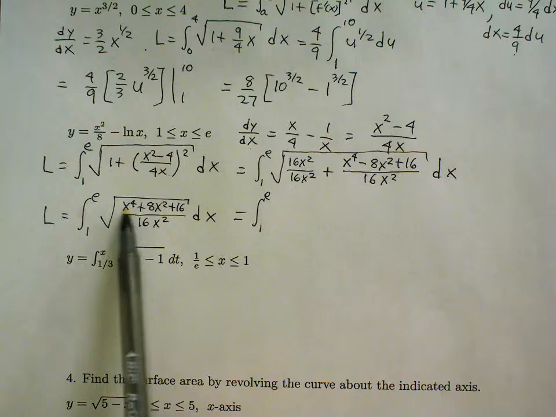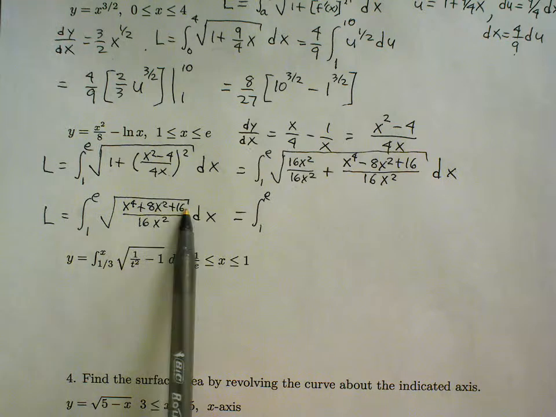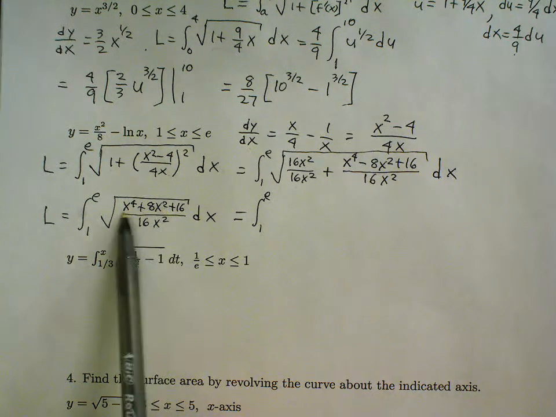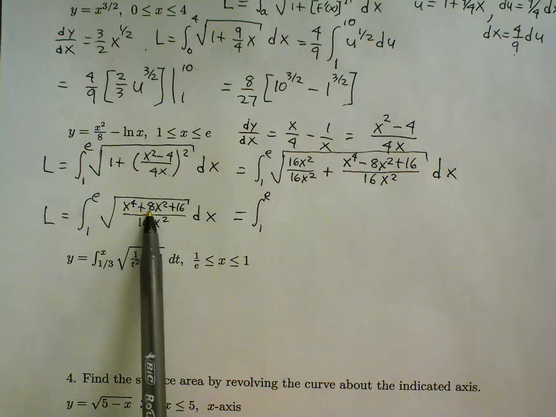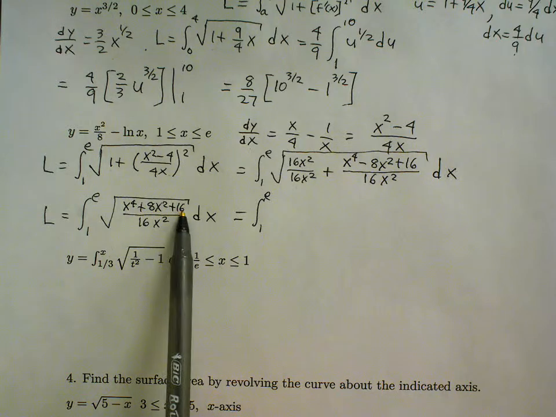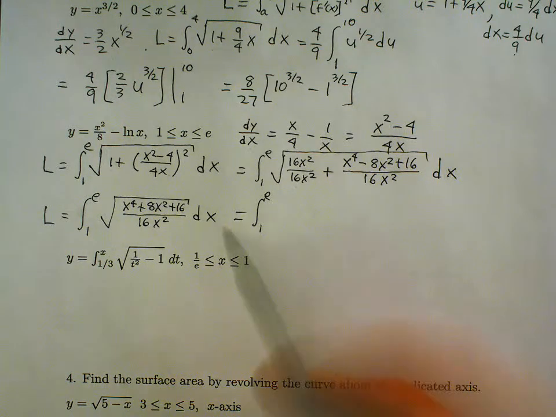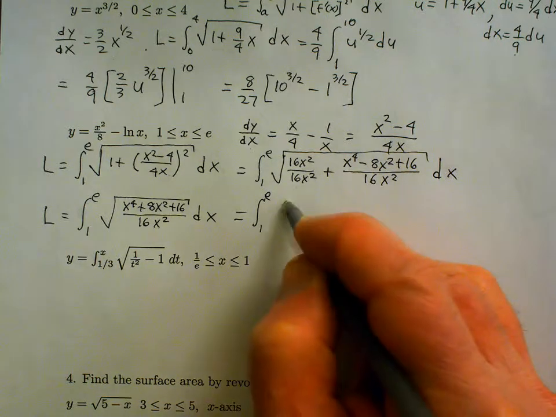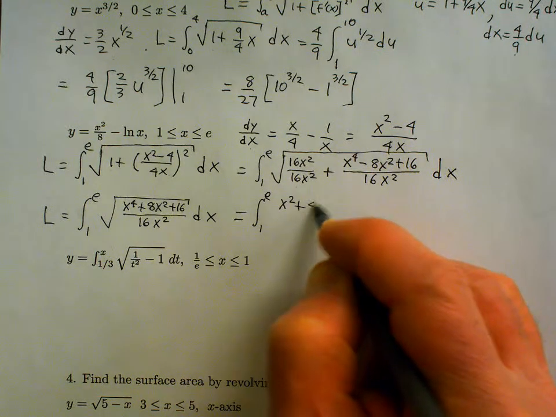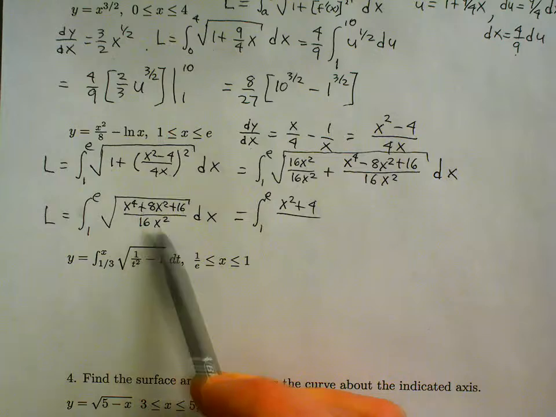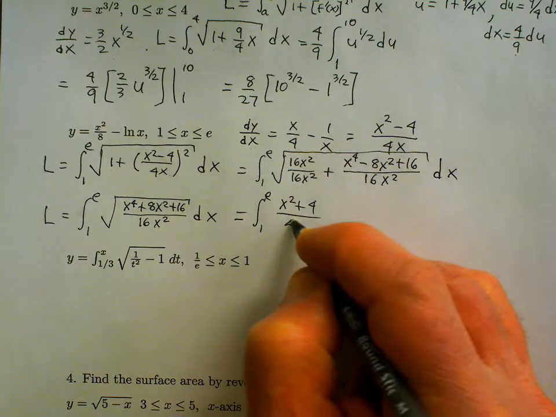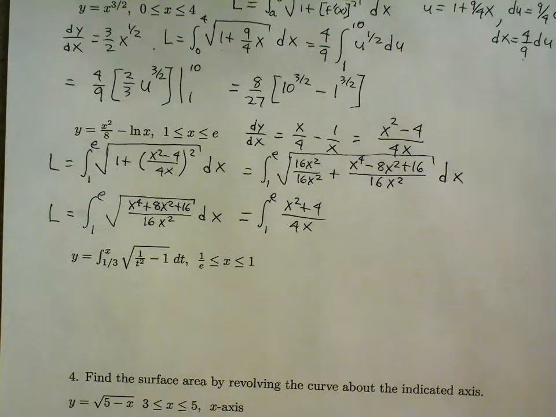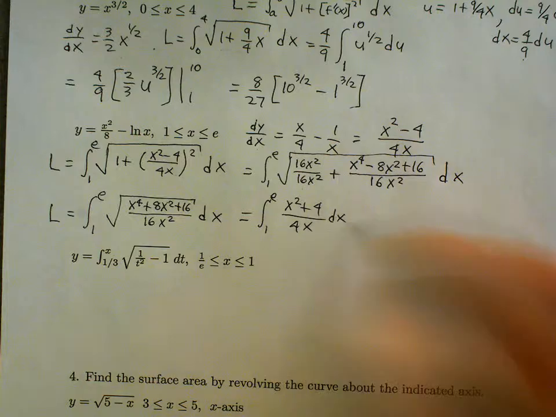So when we take the square root of a perfect square, the square root of x to the fourth plus 8x squared plus 16 is just x squared plus 4, right? And the square root of 16x to the second is 4x. Are we all okay with that?